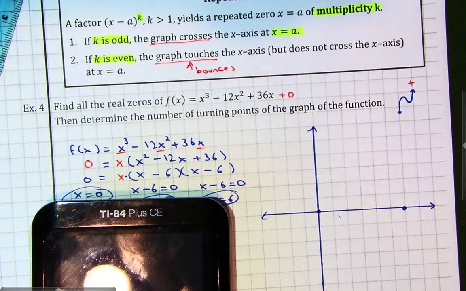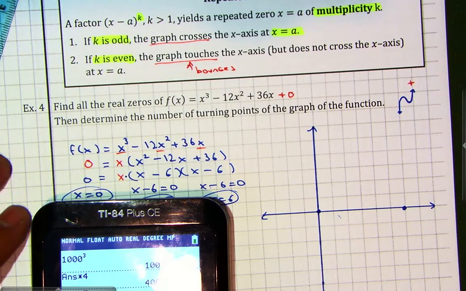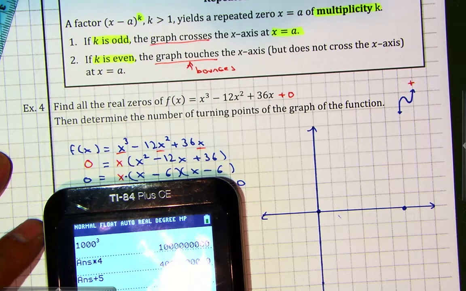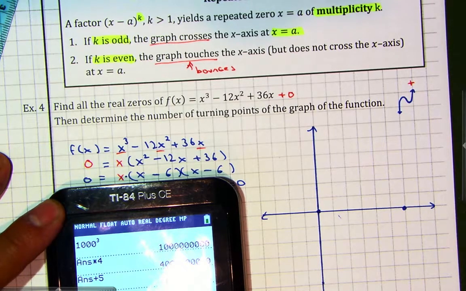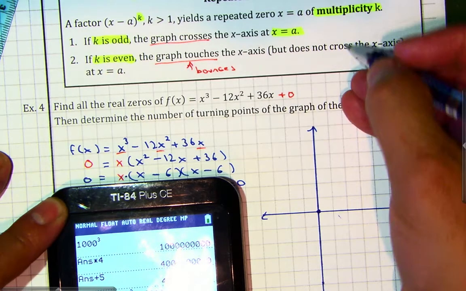Let's say I plug in a 1: 1 to the third power, minus 12 times 1 to the second power, plus 36 times 1, that gives me 25.